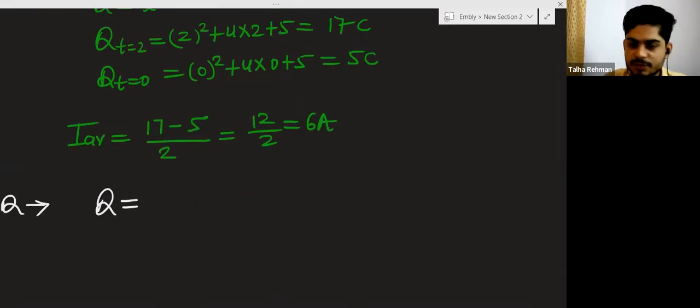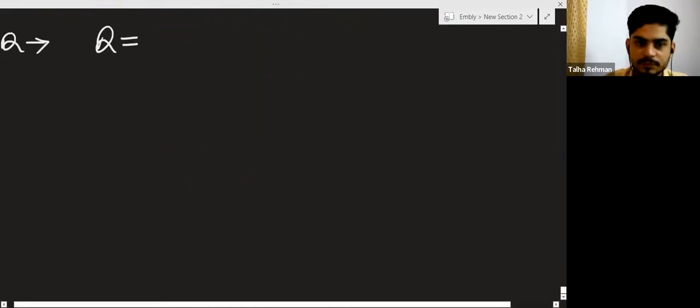So q is equal to 3t square plus 2t plus 1.